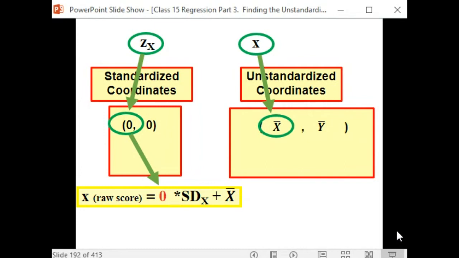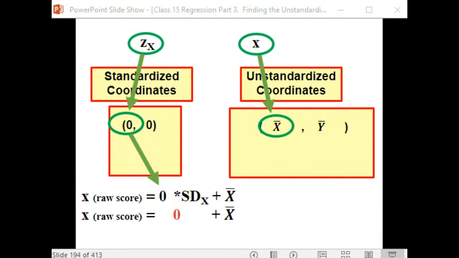Now, of course, 0 times the standard deviation is equal to 0. So we can simplify the equation, and our new equation is x equals 0 plus the mean of x. Now, of course, 0 plus the mean of x equals the mean of x. So we can simplify the equation even more, and our final equation is x equals the mean of x.